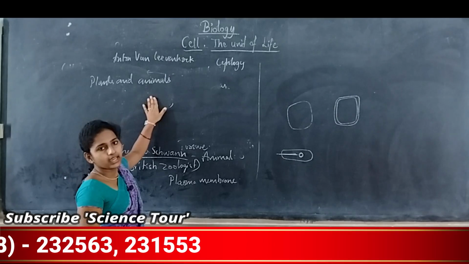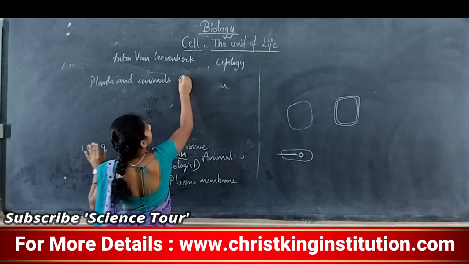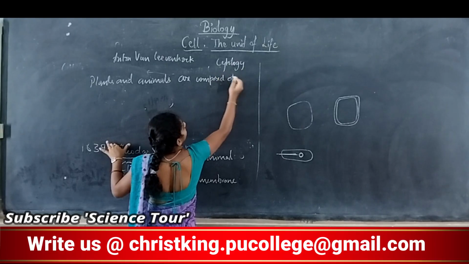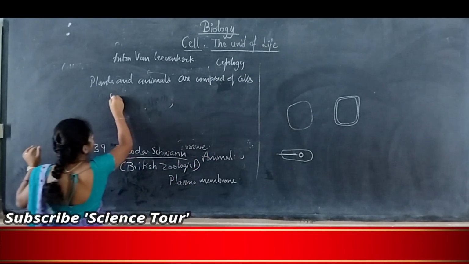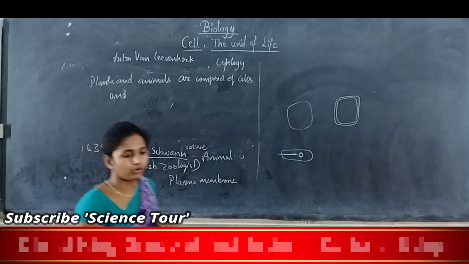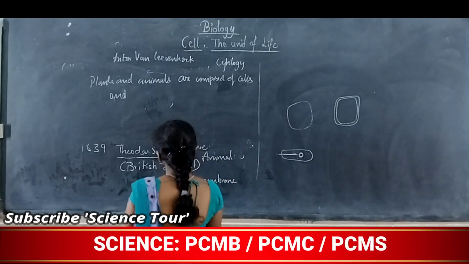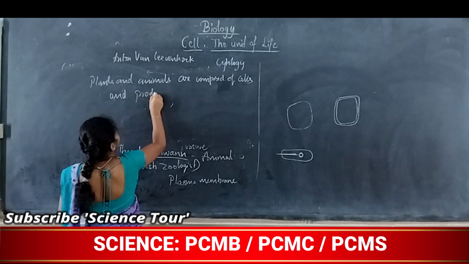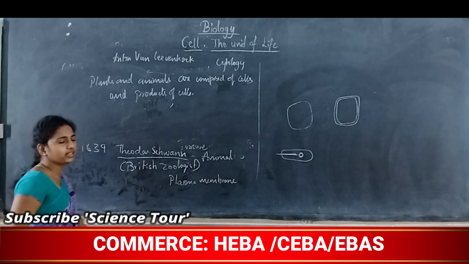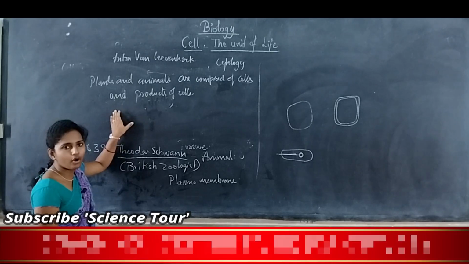In this theory he concluded that all plants and animals are composed of cells, and they are products of cells.